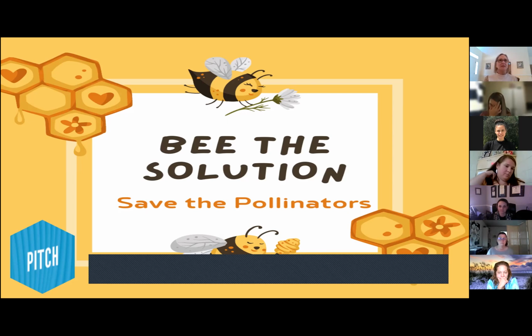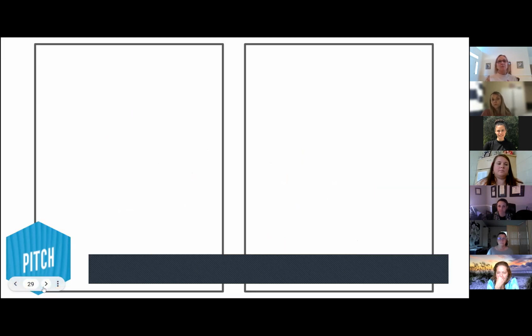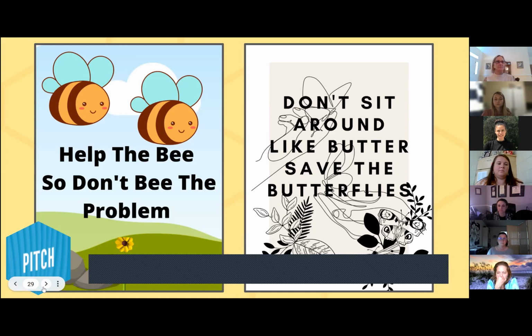We talked about on social media how you can scroll through things and things don't catch your eye and you just kind of keep scrolling, but you want something that somebody's going to stop and really look at, because you want to catch their attention to really voice how important it is that we save the pollinators.